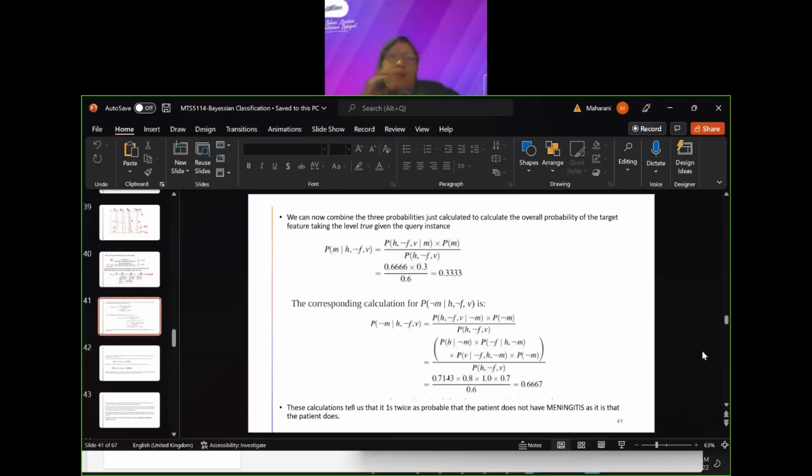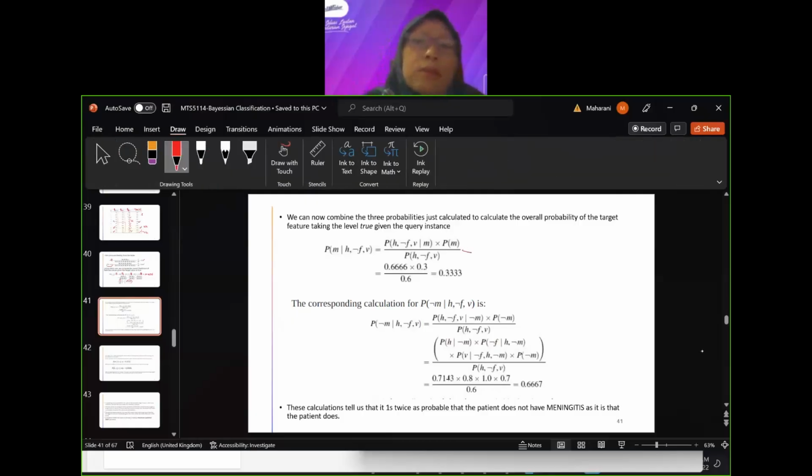So here we go. Now we're using the Bayes theorem.